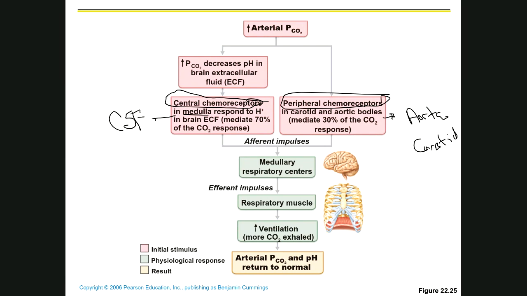They're not monitoring blood like these are. They're monitoring the cerebrospinal fluid. And in either case, if carbon dioxide goes up, we're going to stimulate breathing. If carbon dioxide goes down, we're going to inhibit breathing.